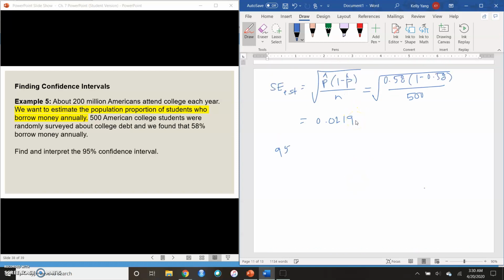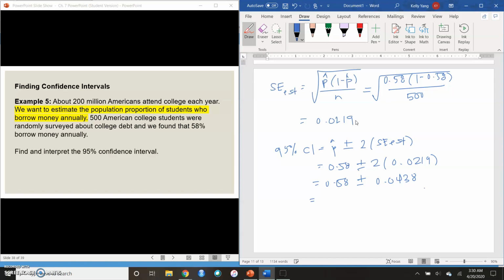The 95% confidence interval is p-hat plus and minus 2 times the standard error estimated, which is 0.58 plus or minus 2 times 0.0219. If you find the product of it, you would get 0.0438.